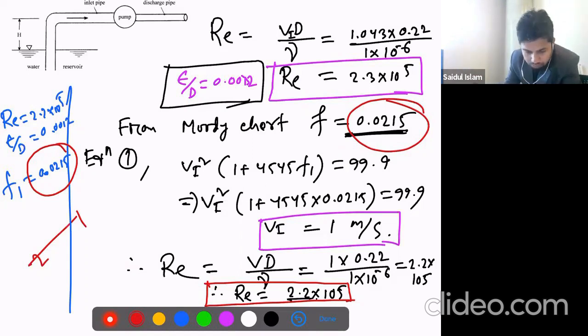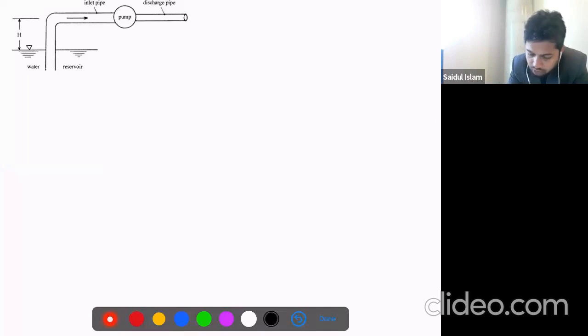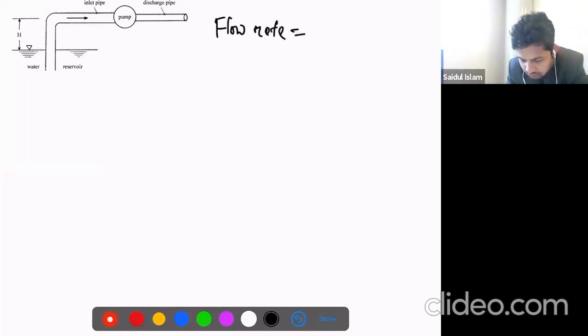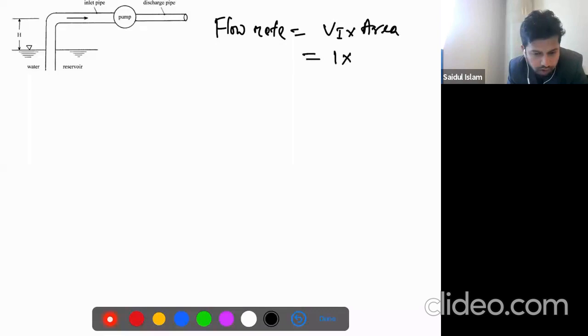So now we have got this value. We have got the velocity, so we can easily calculate the flow rate, guys. Once we have all of this, let's calculate the flow rate. We are done with the first part of this problem. The flow rate is the velocity times the area. The velocity we got is 1, and the area is pi d squared over 4.